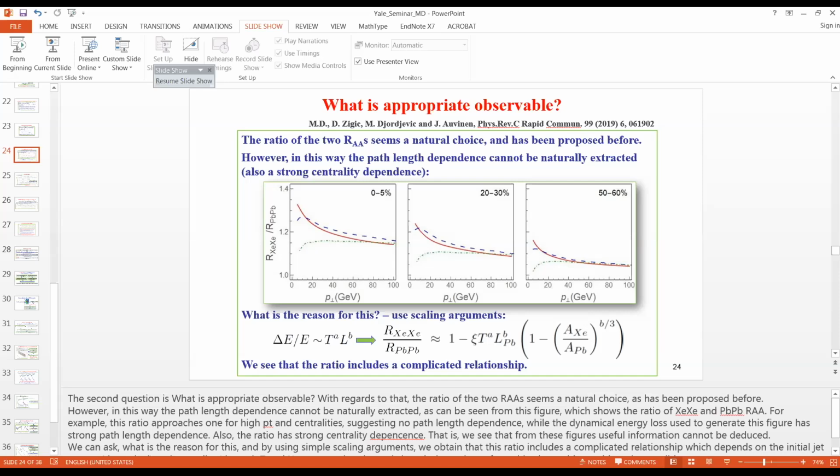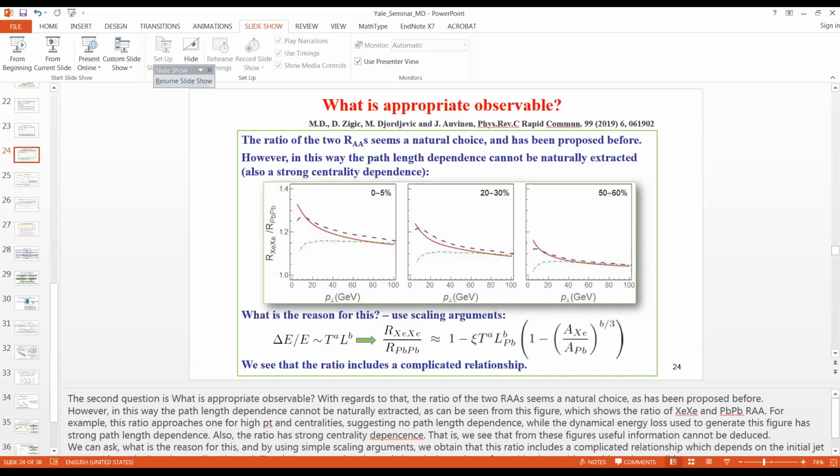This one makes a problem. So if you want to get rid of this one, then you subtract it from RAA, and then you get that 1 minus RAA is directly proportional to delta E over E. So what I want to say is that at high momentum and high centralities, 1 minus RAA becomes a direct observable of the energy loss of jets which traverse the medium.